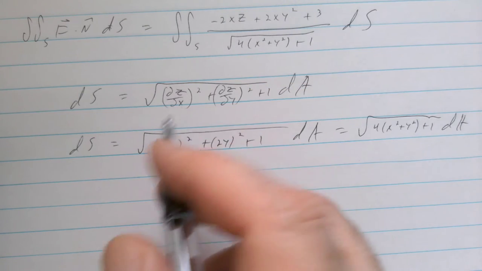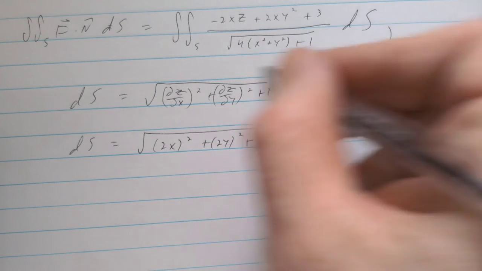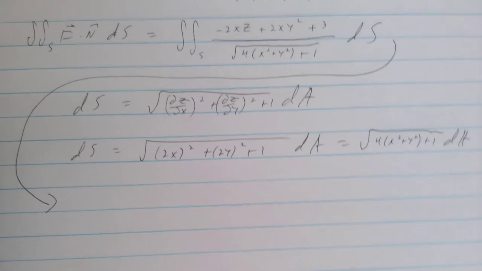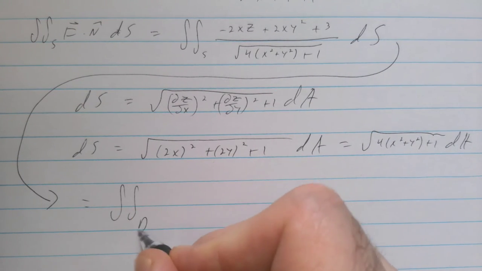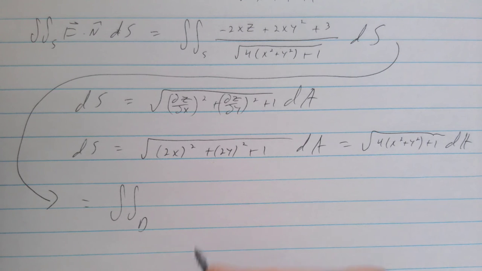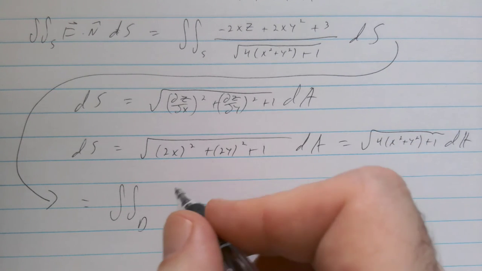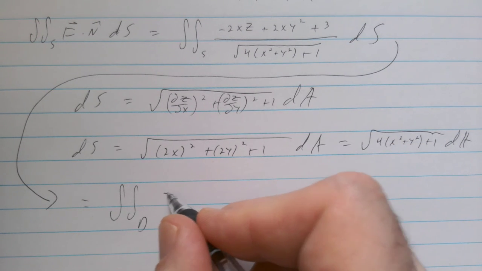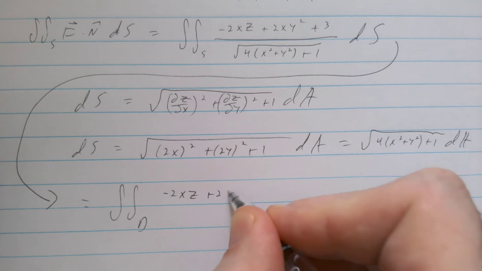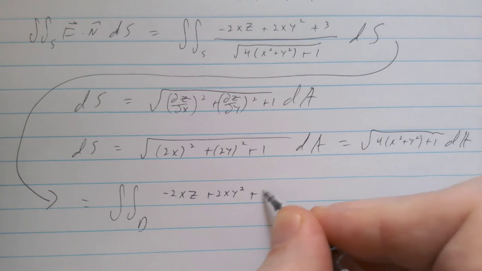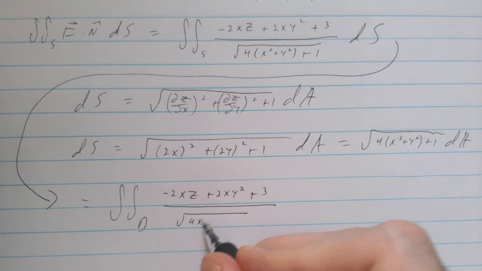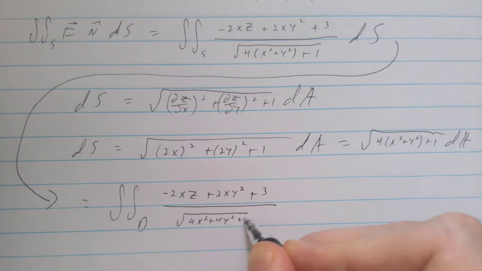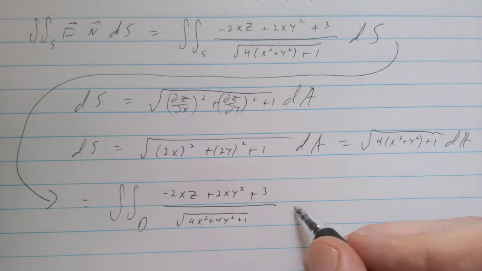So this integral is now going to equal, I can make it a double integral over D, and I can't really simplify too much here: negative 2xz plus 2xy squared plus 3 over this square root. I think I'll unfactor. Times this.